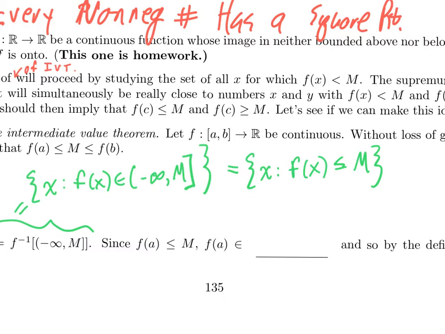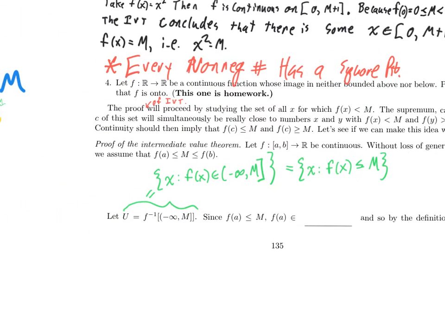So let's study that set. Apparently I want to think about the supremum of that set and prove something about the supremum of that set. So let's do that. In order to talk about the supremum, you need the set to be non-empty and bounded above. So let's prove that the set's non-empty. Well, one thing that we have by assumption is f of a is less than or equal to m.